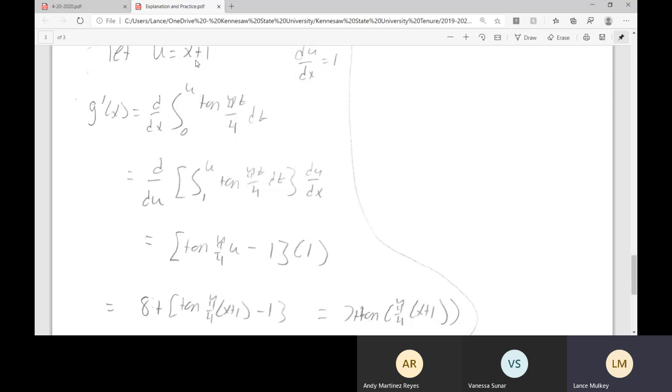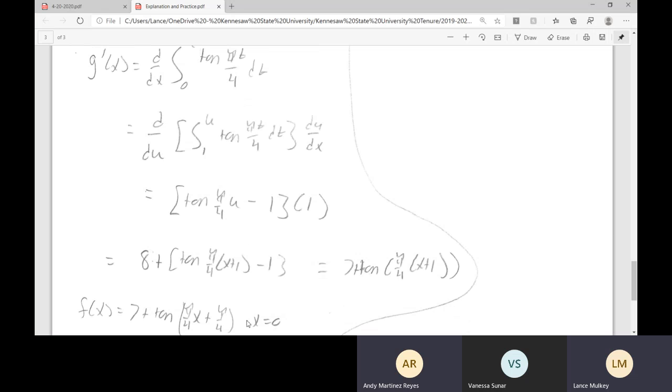See, u equals x plus 1, and you can plug it into u. And then you do x plus 1, yeah. Okay, because you had u. And then tangent of pi over 4 is always 1. So when you plug in 1, you get 1. So I did do this right.